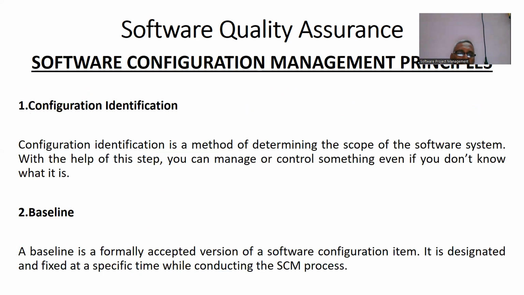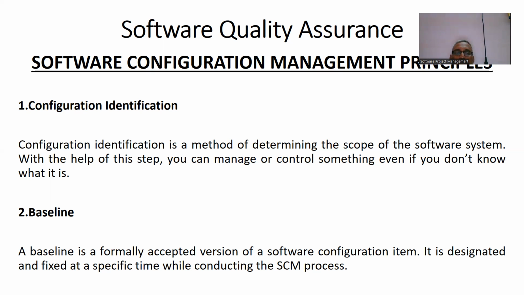With the help of these steps, we can manage or control something even if we don't know what it is. It is a description that contains the CSCI, that means computer software configuration item, project identifier, and version information.